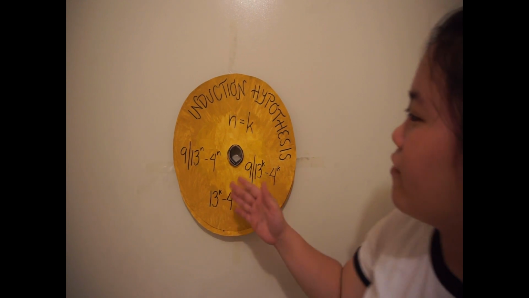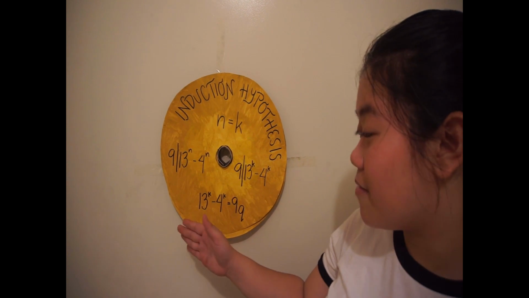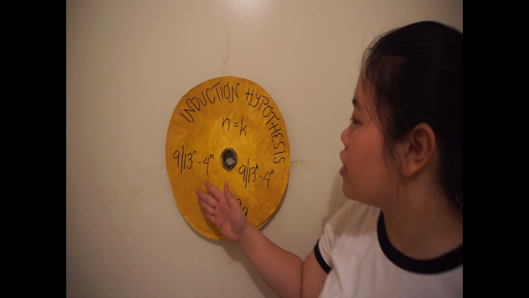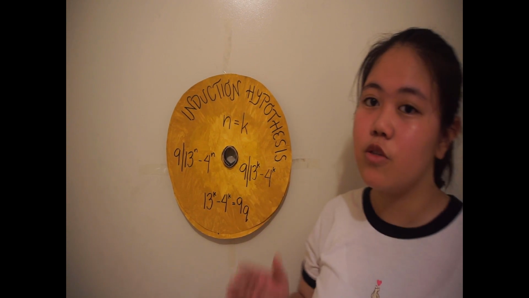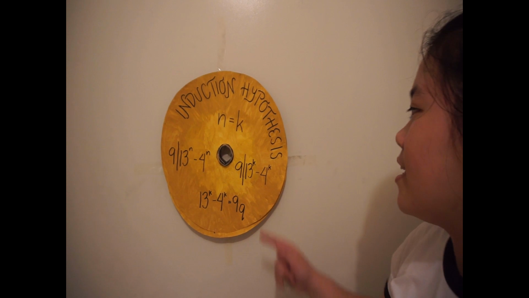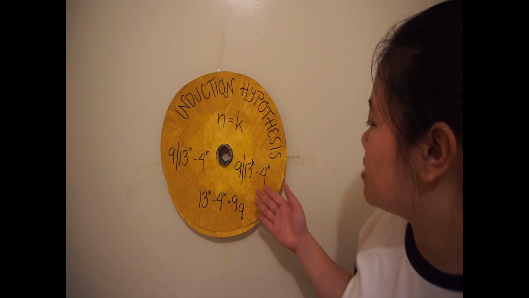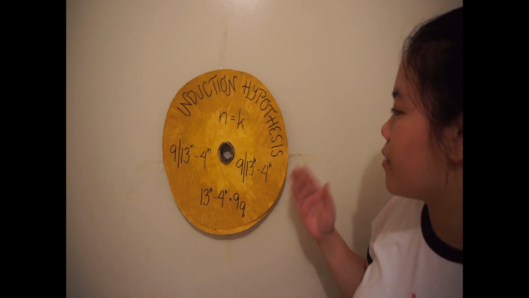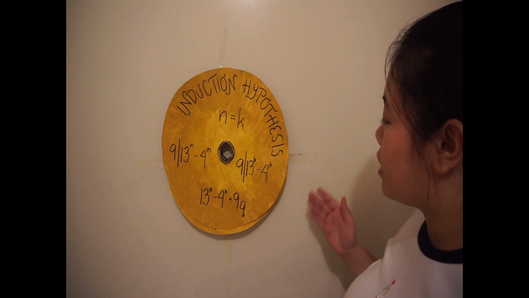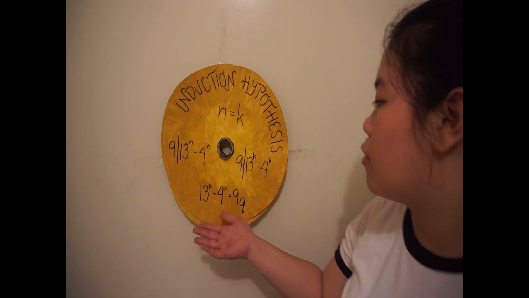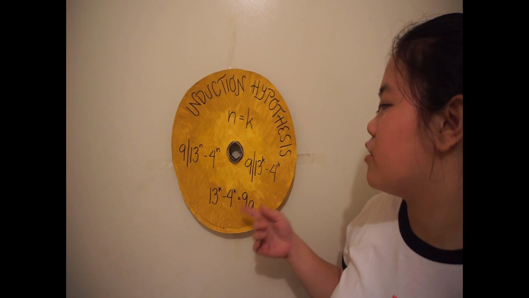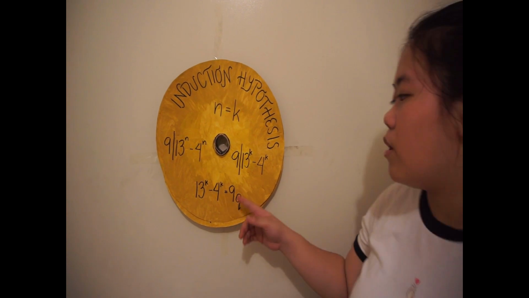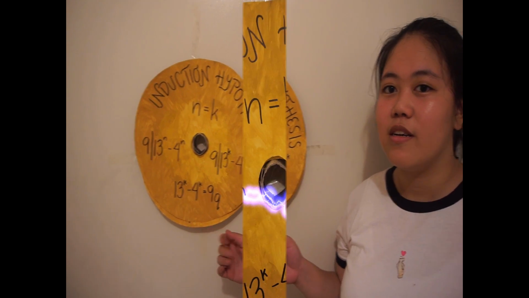We have 9 is divisible by 13 raised to n minus 4 raised to n. Substituting k for n, 9 is divisible by 13 raised to k minus 4 raised to k. Simplifying, 13 raised to k minus 4 raised to k is equal to 9 cubed.